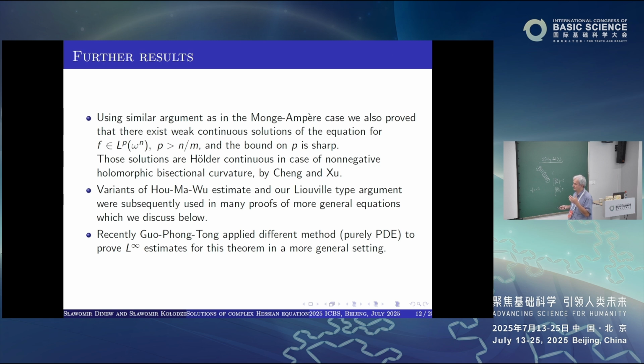So you can use a similar approximation, and then the point is that these smooth functions you produce are m-subharmonic. In general, I mean, they are probably not m-subharmonic.